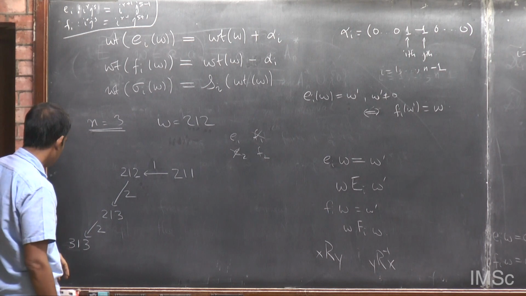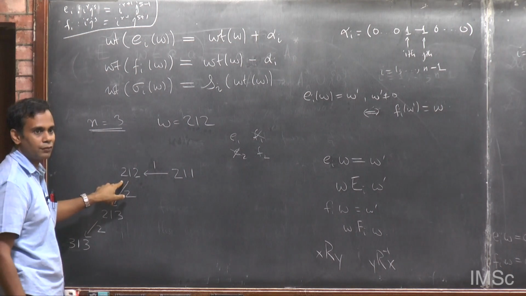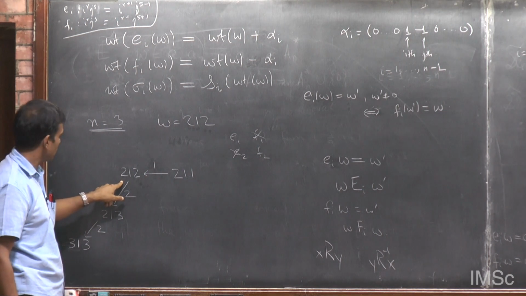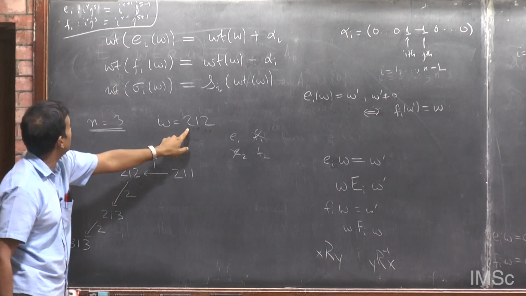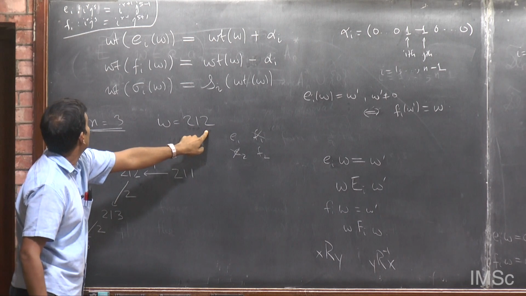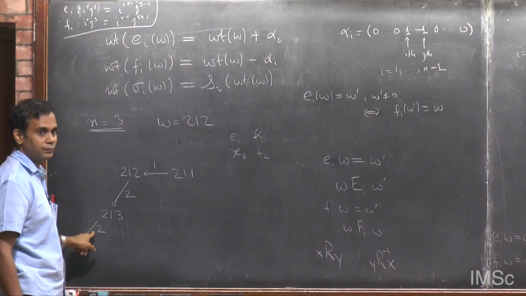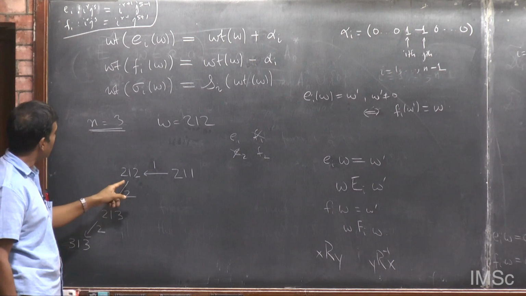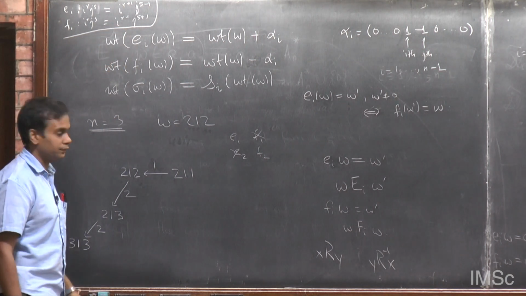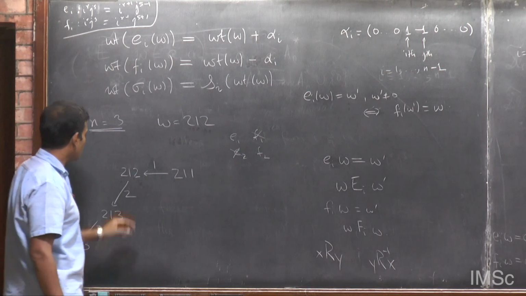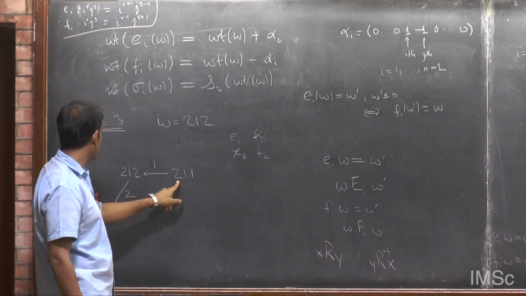And what else can you apply? We are done with this, we have found all the neighbors of this node. You would freeze the 1, and so you are left with 2 2. I have applied F_2 and F_2, so a 2 becomes a 3, but I cannot apply E_2 because there are no 3s to reduce. So we are done with all the neighbors of this one. Let us see if this one has any neighbors.